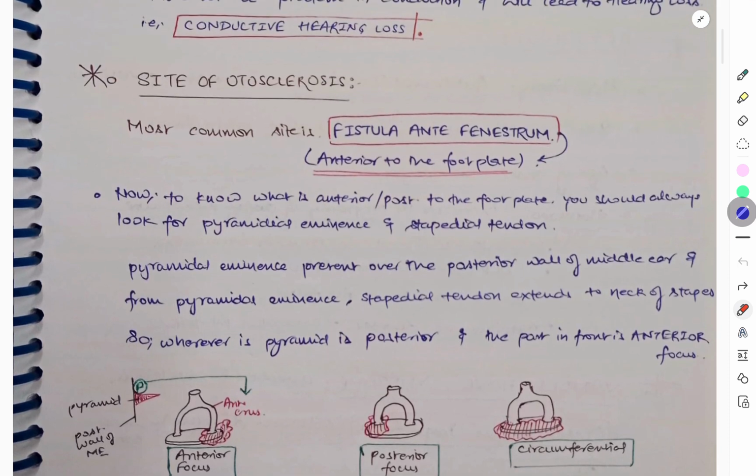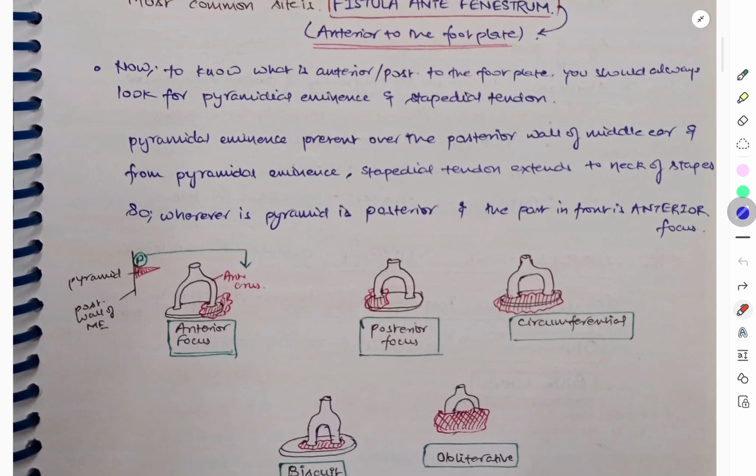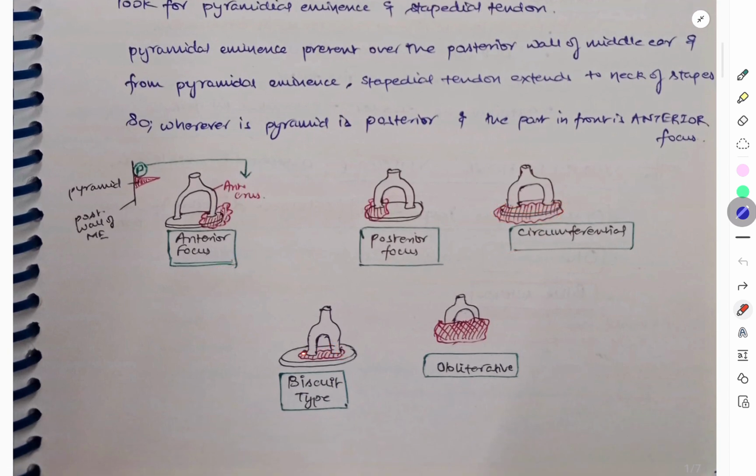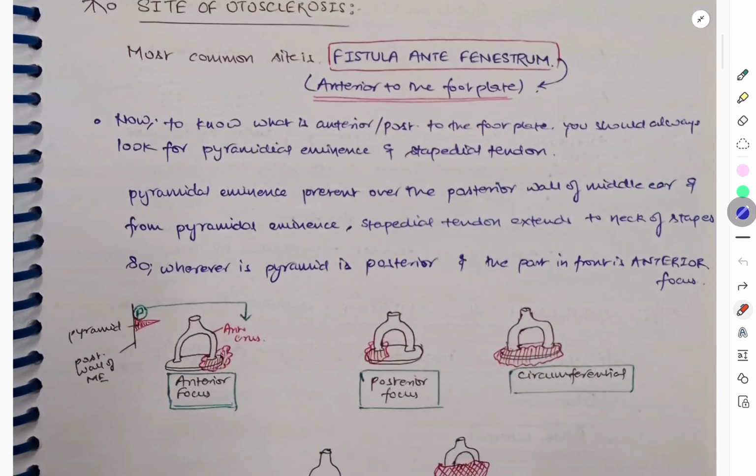Okay, so the most common site of otosclerosis in stapedial type is fissula ante fenestram, that is anterior side, then posterior focus, circumferential, you have to draw these diagrams, biscuit type and obliterative type. So these are the sites of otosclerosis.